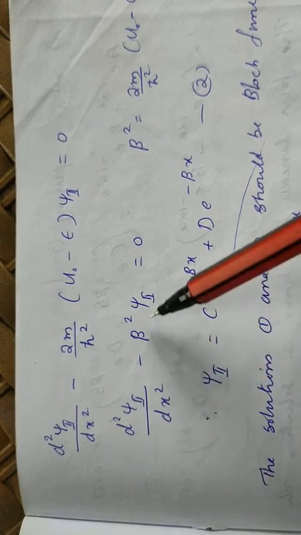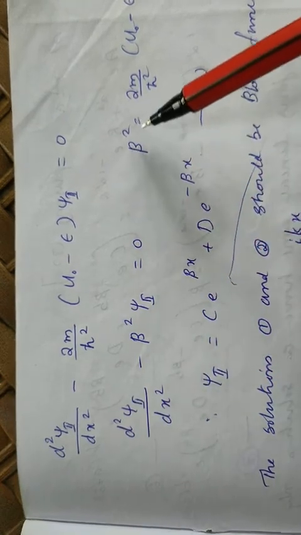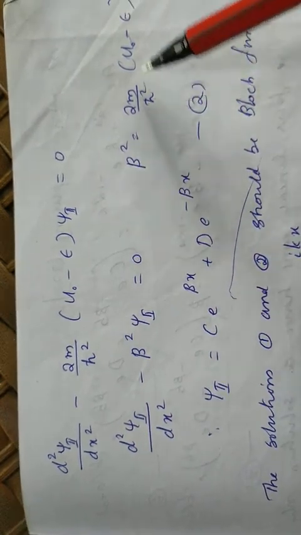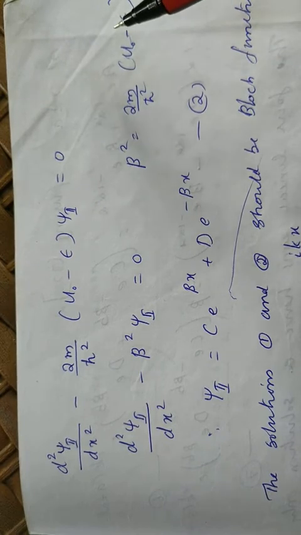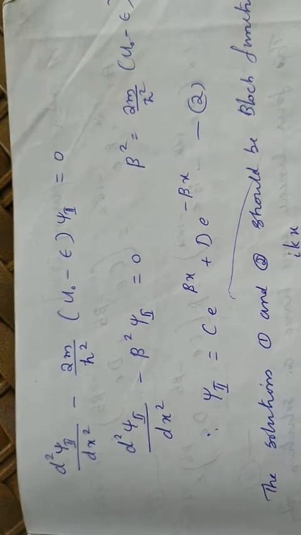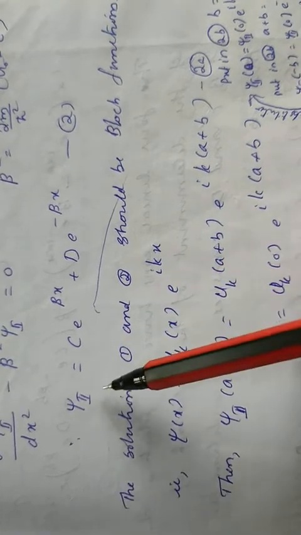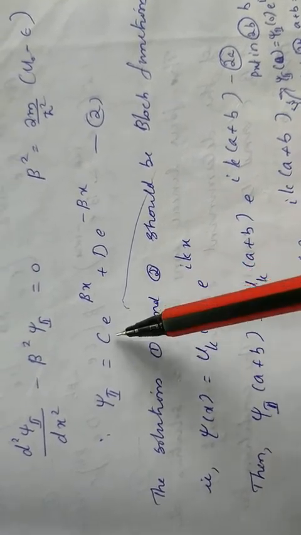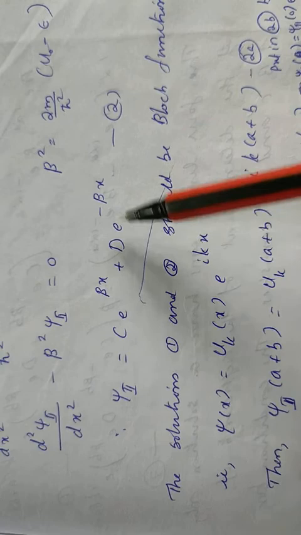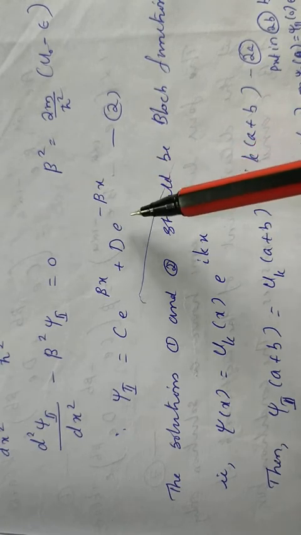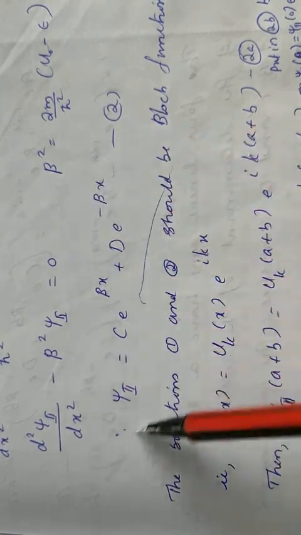This can be written as d square psi 2 by dx square minus beta square psi 2 equals 0, where beta square is equal to 2m by h cut square into (U0 minus E). The solution of this equation is of the form psi 2 is equal to C e to the power beta x plus D e to the power minus beta x. You know how this comes, you have already studied this.